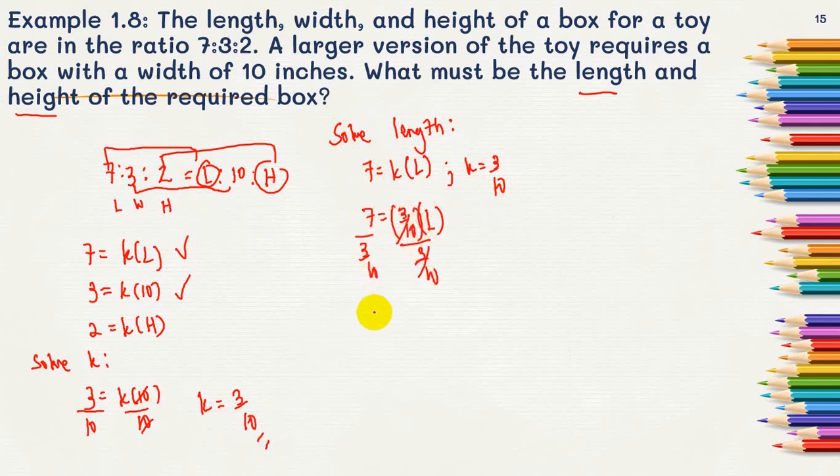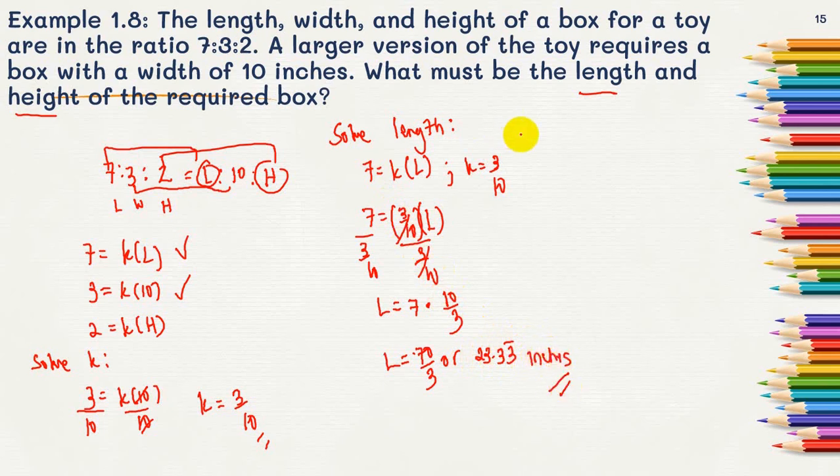Same thing, the length will be equal to 7 times the reciprocal of 3 over 10, which is 10 over 3. So multiply: 7 times 10 is 70 over 3, or you can get the approximate decimal value. 70 divided by 3 will be equal to 23.33, a repeating decimal, inches. So this will be now the length.